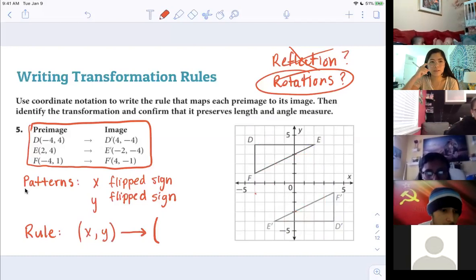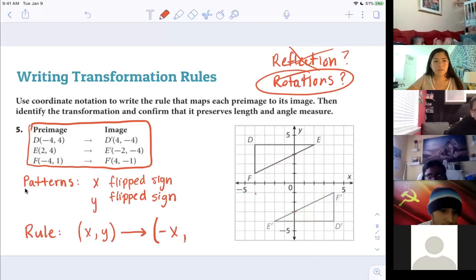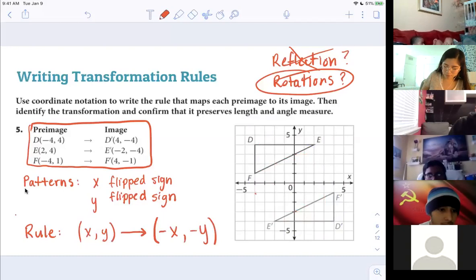What happens to the x? Multiplied by -1. Yeah, it gets flipped. So instead of x, I'm going to write negative x. All of them are multiplied by -1. Same thing happens to the y. It goes from y to -y. And that is my rule for, this is a reflection. Sorry, I keep saying reflection. This is a rotation.